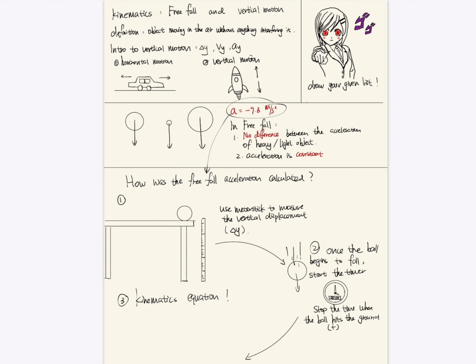So how is the free fall acceleration calculated? You can actually calculate it at home by setting up an easy experiment. First of all, you can put a ball on the table and measure the height of the table using a meter stick to measure the vertical displacement that the ball would experience.